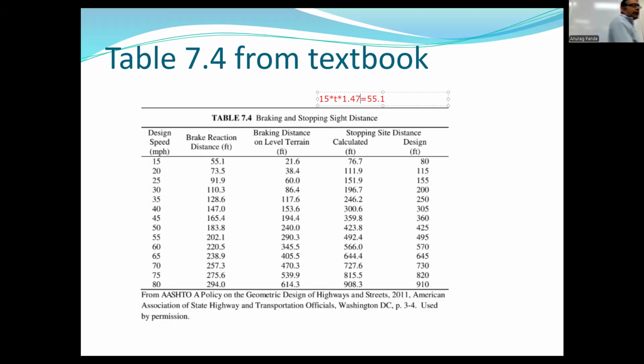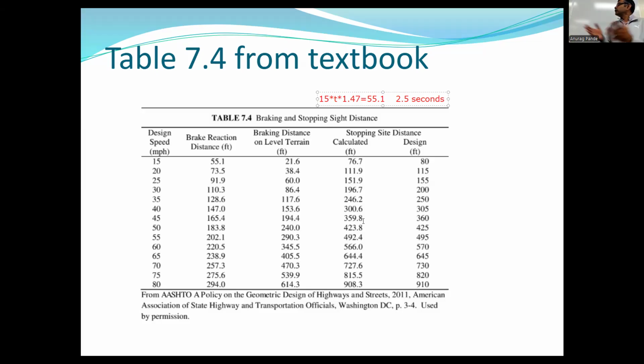So what is your reaction time? If you can take out your calculators and tell me what the reaction time looks like according to this table. Okay, let's take a minute, calculate the reaction time. So the reaction time, if you solve this equation, comes out to be 2.5 seconds, which is a very conservative value, by the way. Most drivers, unless they're drunk, should be able to react to any hazard on the road within 2.5 seconds, right?